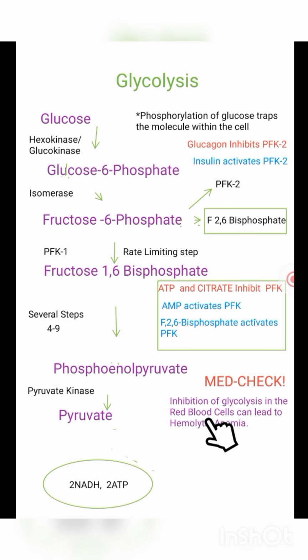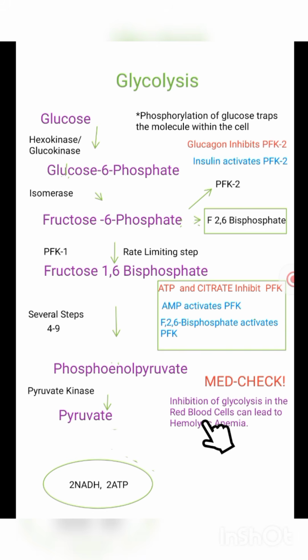Once that happens, the red blood cells will be deprived of ATP, because red blood cells do not have mitochondria. More ATP is produced in the mitochondria in the other cells, but your red blood cells do not have mitochondria. Therefore, they depend on ATP from glycolysis. So if you shut down glycolysis in red blood cells, this could lead to destruction of red blood cells, which may lead to hemolytic anemia.